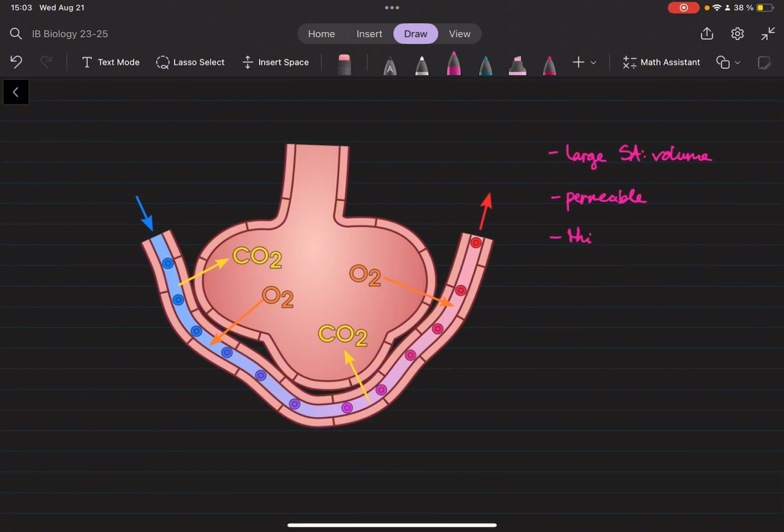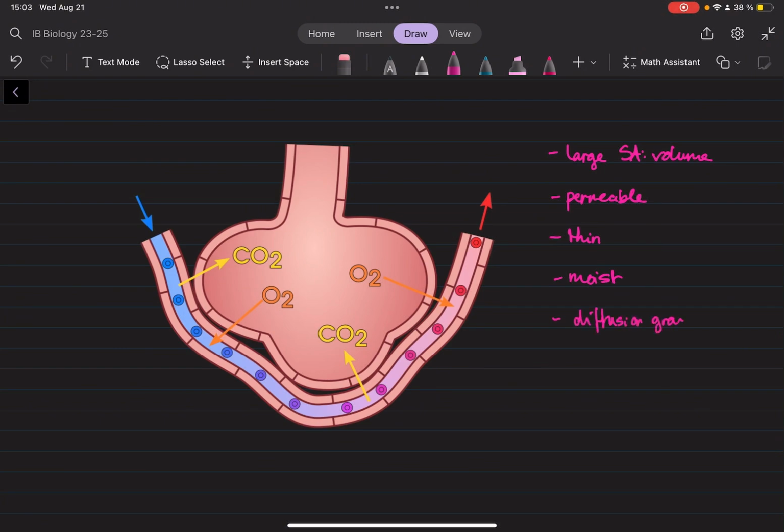They have thin walls because it is easier to diffuse through thin walls than it is through thicker walls. They are moist because gases diffuse in a solution, and they also have a mechanism for a diffusion gradient.